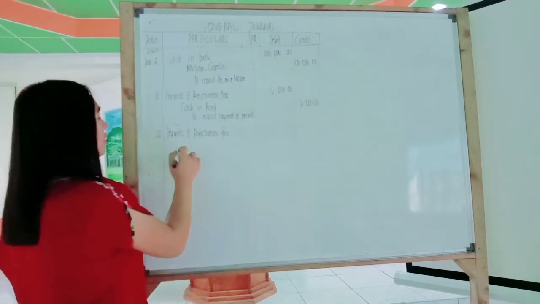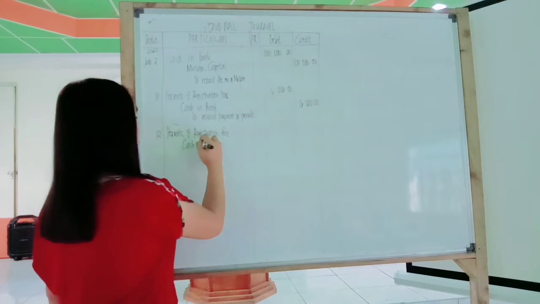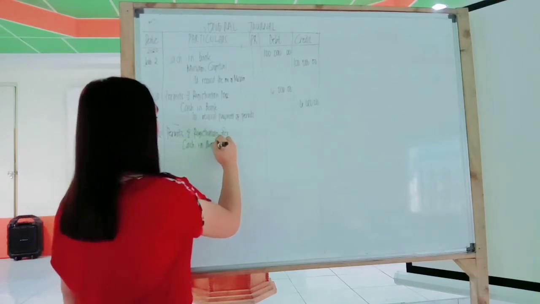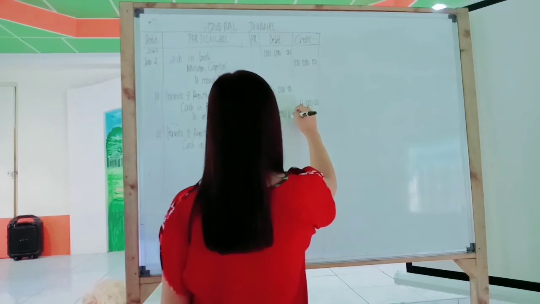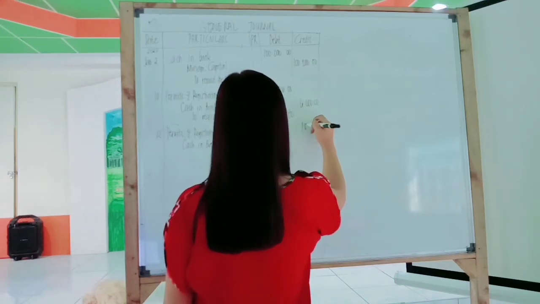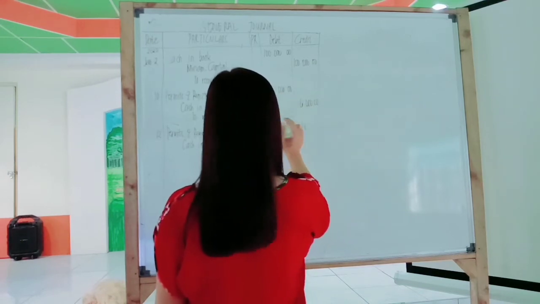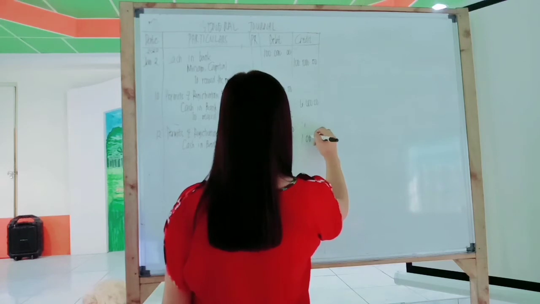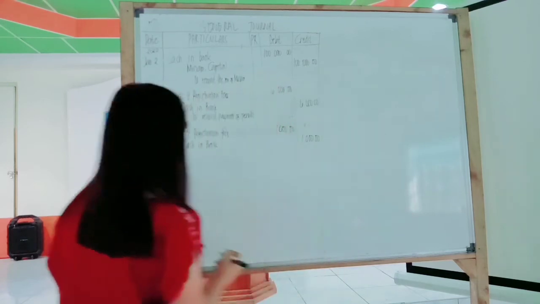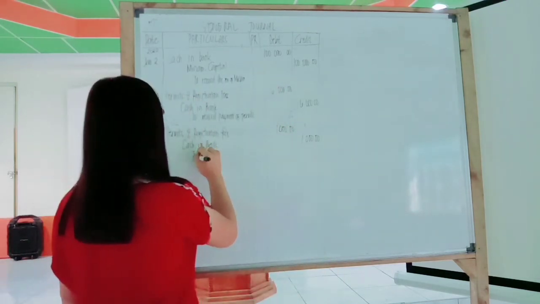Permits and registration fees, charge again to cash in bank. Magkano yung amount niya? 1,000 pesos, and then 1,000 pesos.